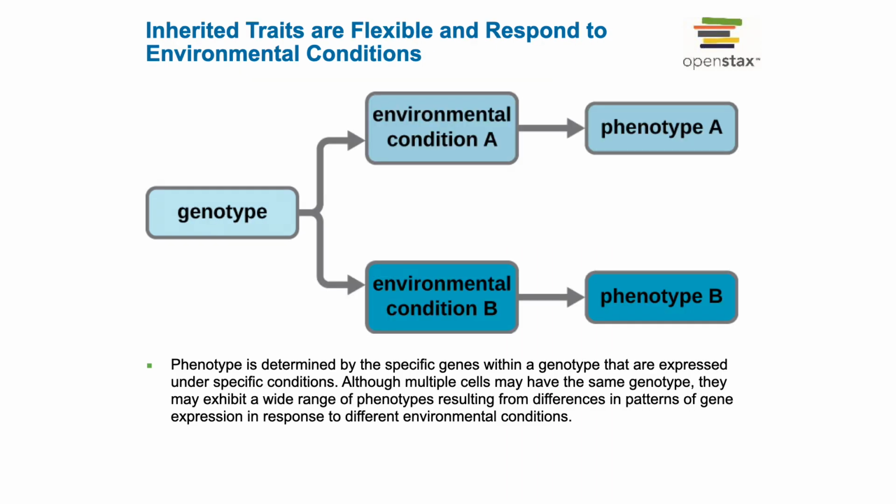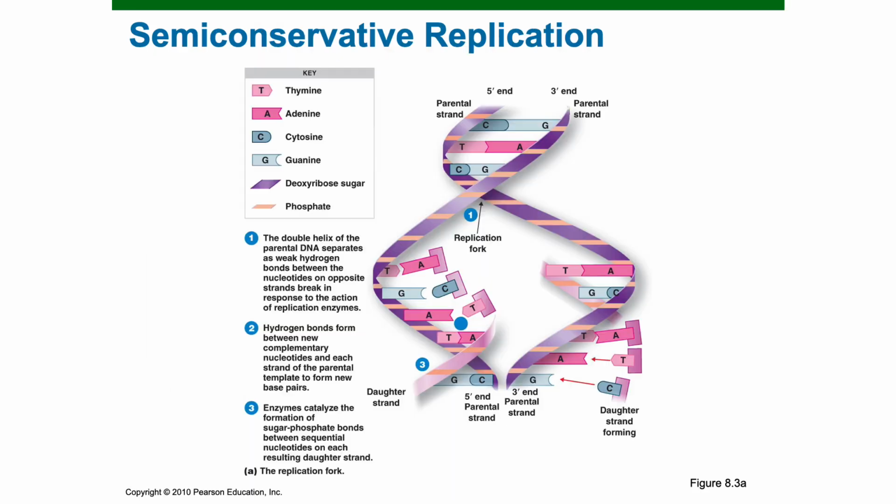This is the central mechanism of inheritance, where the sequence of bases, the genotype that's coded in the protein, is used to produce a physical trait. And this is precisely controllable, in that environmental conditions can allow organisms to turn genes on and off. So different environmental conditions can produce different phenotypes.